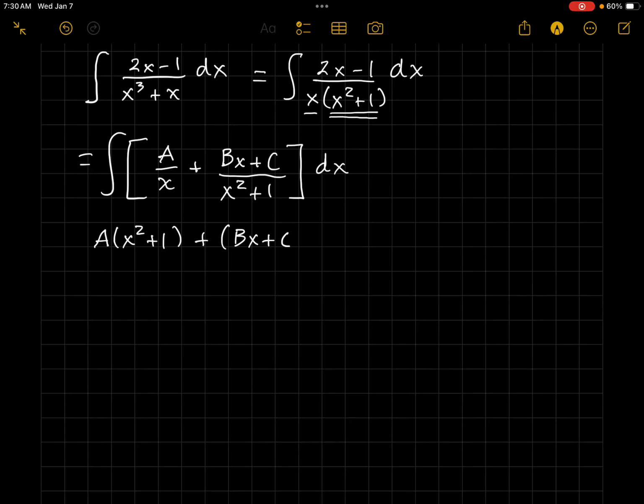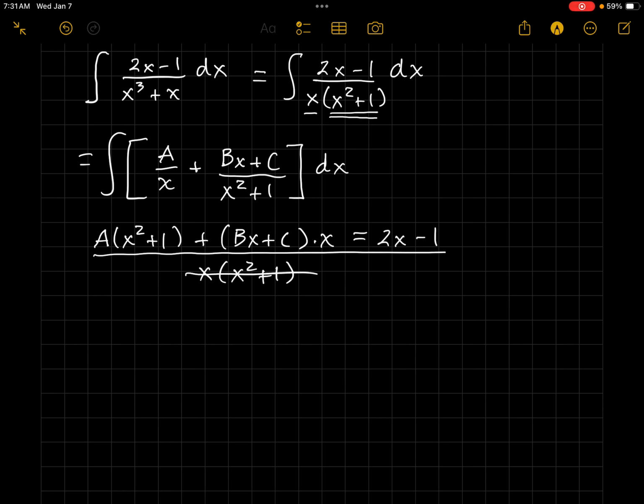We will multiply the bx plus c times x over x, which gives me the common denominator of x times x squared plus 1. And we're going to ignore the denominator and just solve across the top.